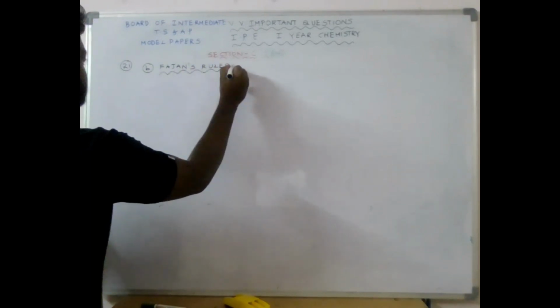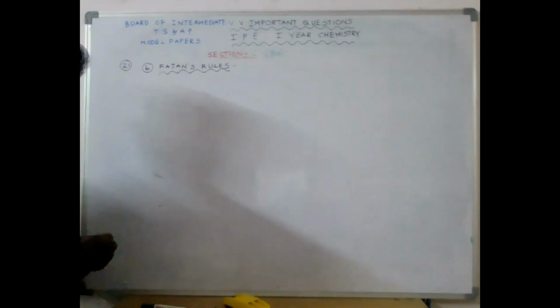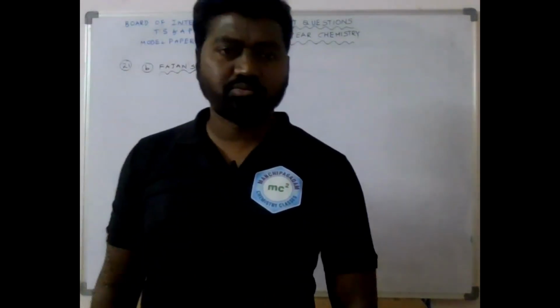Most of the time he has given this in the model paper, and very few times we got this in the board exam. Anyway, whatever we have to discuss, they may ask that, so better to discuss this also.